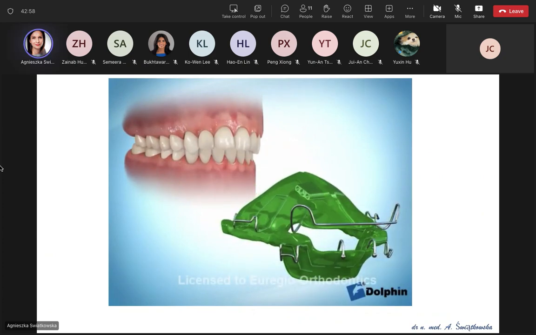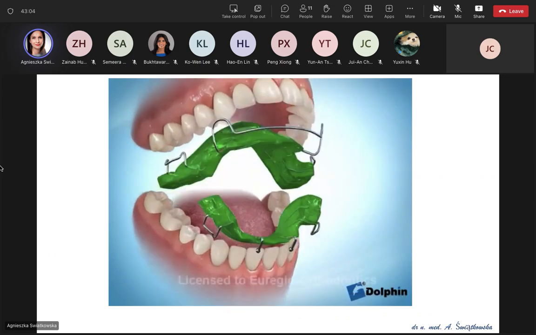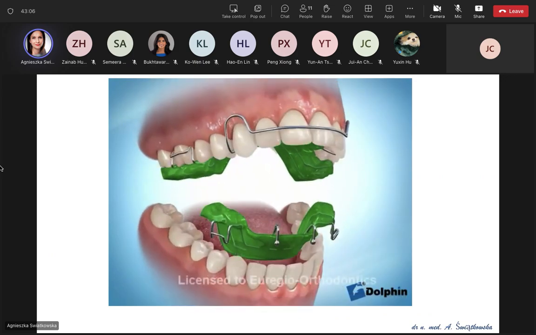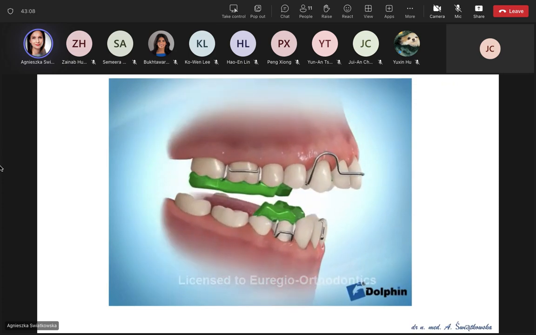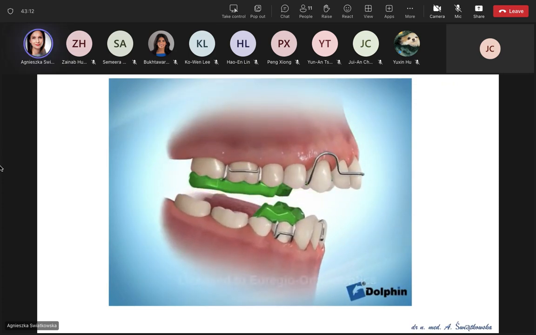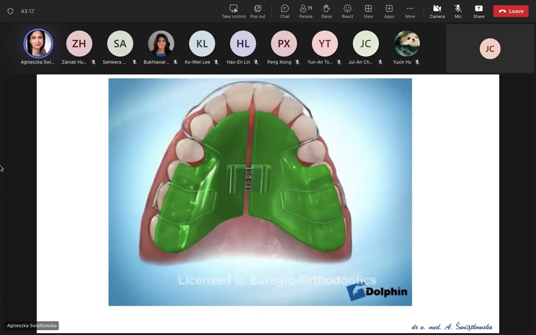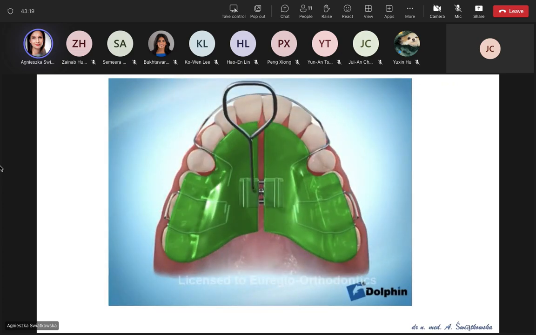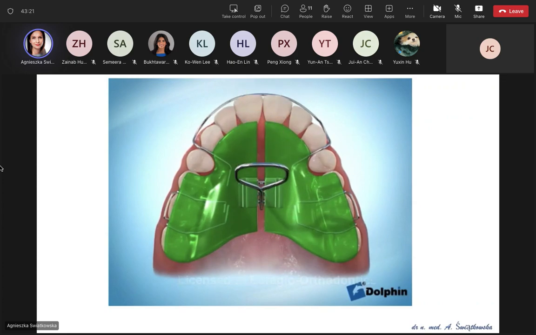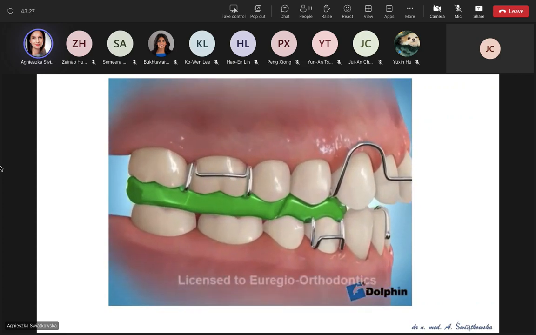You can see here is the screw in the middle for expansion. Why? You know that usually the patient has a problem with a very narrow upper arch in class 2 division 1. So if we take the lower jaw forward, usually we see crossbite in this new position. That's why the patient needs expansion of the upper jaw.